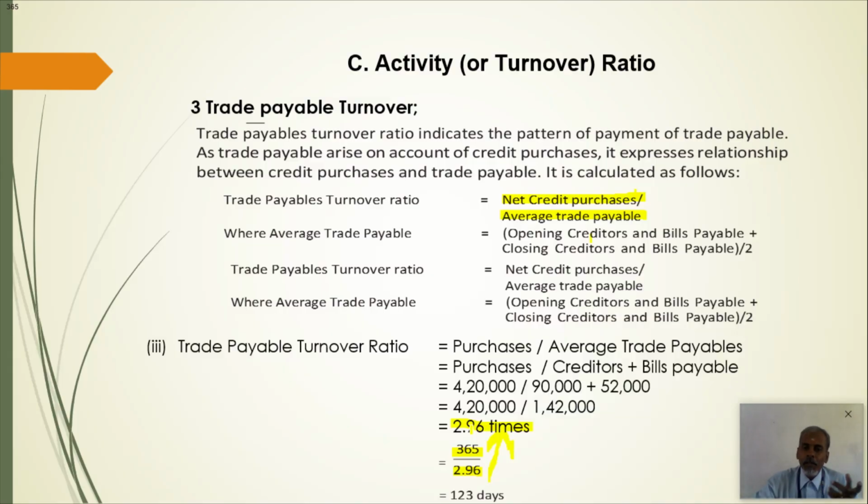So we will convert into days and see. For that we have divided 365 by the creditors turnover ratio, which is 2.96. We get 123 days. So after making credit purchases, we have paid in 123 days.